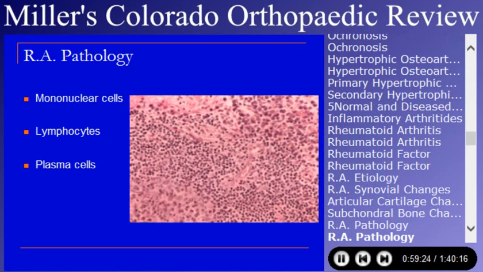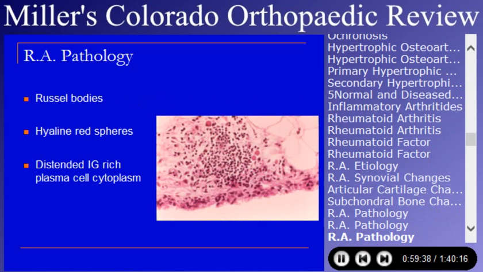Most are chronic inflammatory cells, as I noted earlier, lymphocytes and plasma cells, as opposed to the acute inflammatory cells that you would expect to see in gout or septic arthritis. There is a little entity that was asked once upon a time on one of the tests called a Russell body, which is an immunoglobulin-rich plasma cell cytoplasm that is characteristic for rheumatoid arthritis.